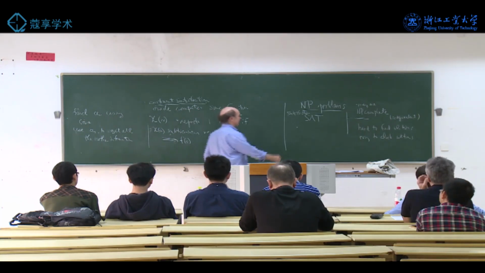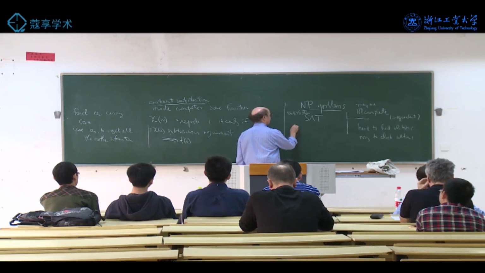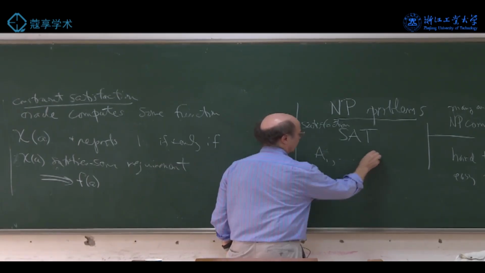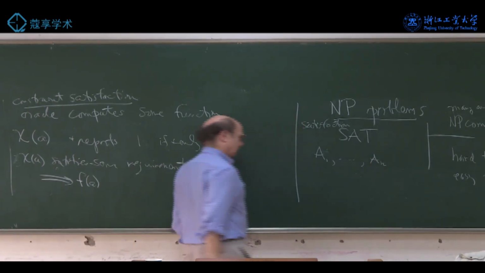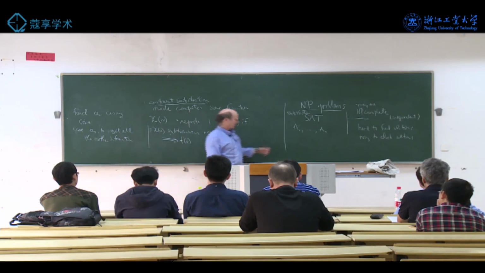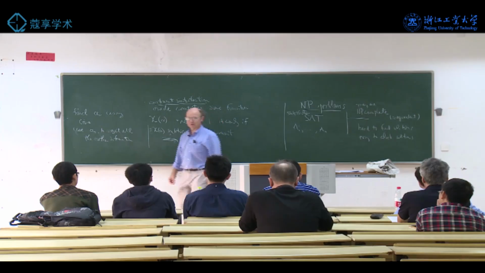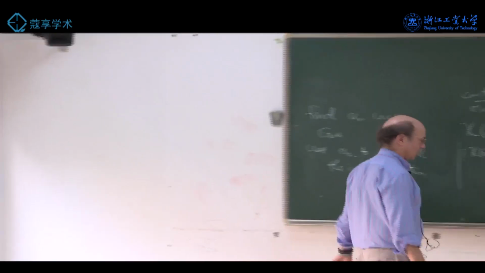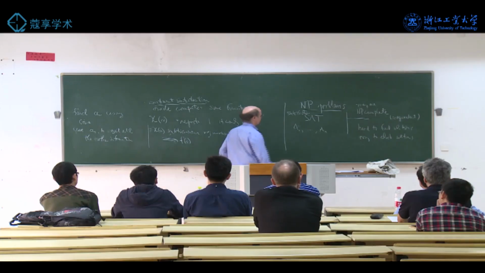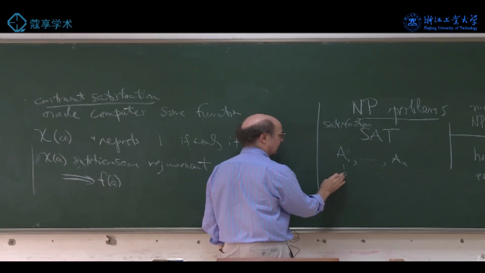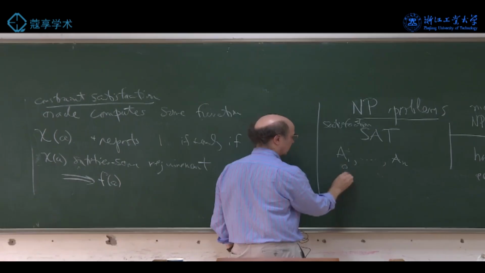Okay, so satisfaction is the following. You are given a number of binary variables, or Boolean variables, things that can be either true or false. Call them A1 up to A sub little n. In the usual notation, they take the value 1 or 0 for true or false.